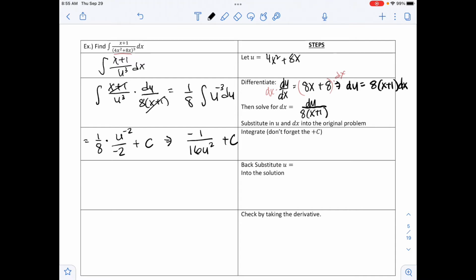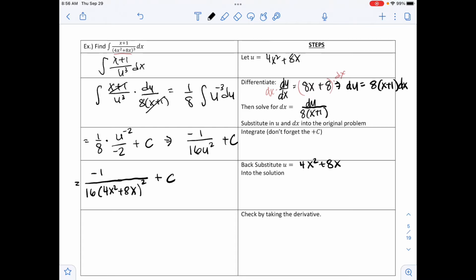So we know that u is equal to 4x squared plus 8x, and I'm going to back sub that in. So we have negative 1 over 16 times (4x squared plus 8x) to the second, plus c. So that is our integral that we just arrived at.